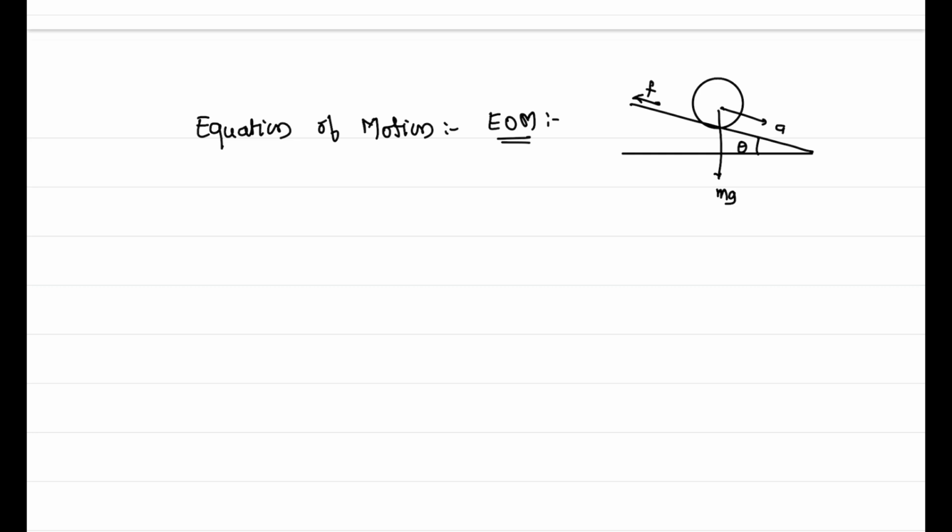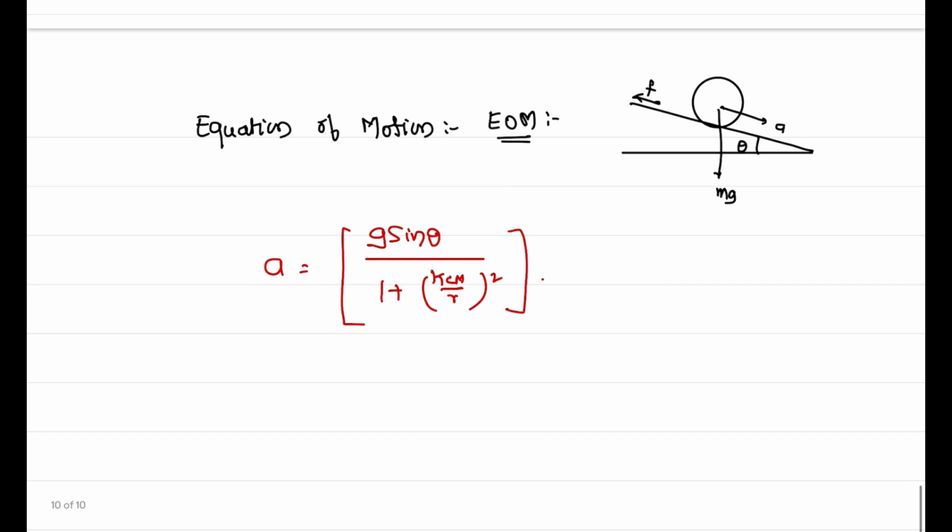Then the equation of motion is defined by a, the acceleration of the body, is equal to g sin theta by 1 plus kcm by r whole square. This is the equation of motion.